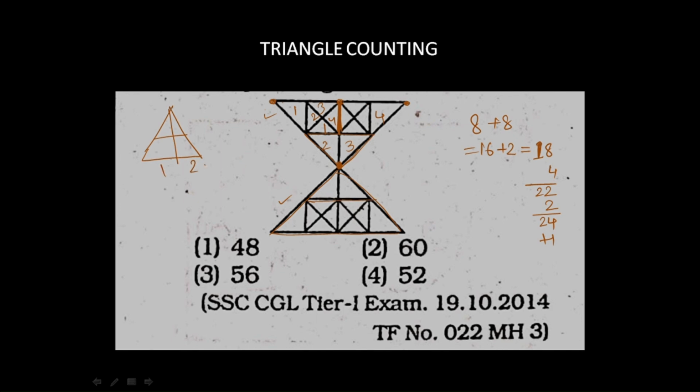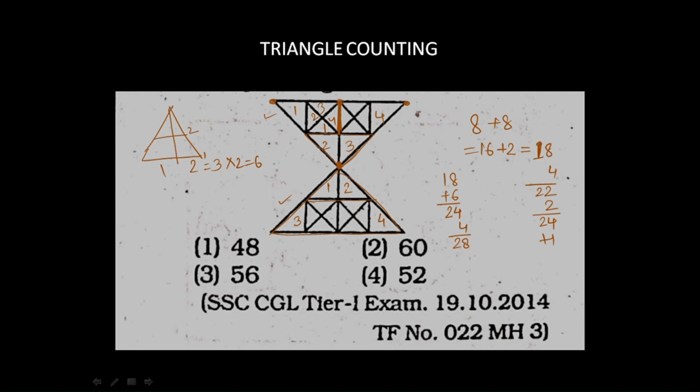There are 1, 2 equals 3, and 1, 2. So 3 into 2, 6. 6 triangles are there, right? So actually we can add 18 plus 6, 24, right? Now you can count the smaller triangles. 1, 2, 3, 4. 24 and 4, 28.